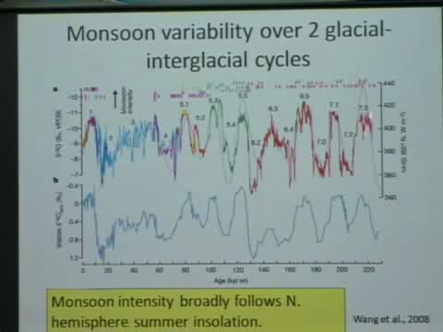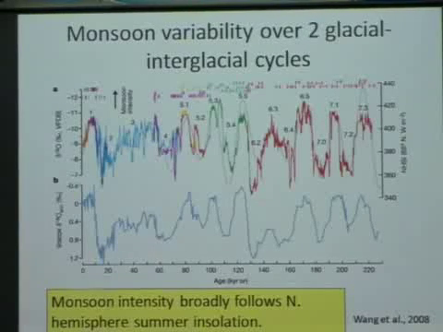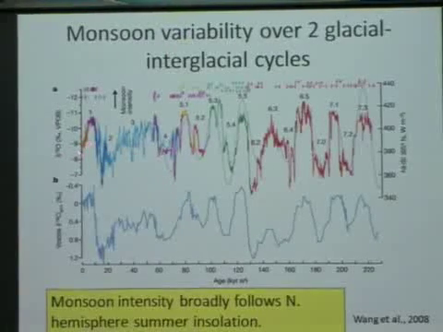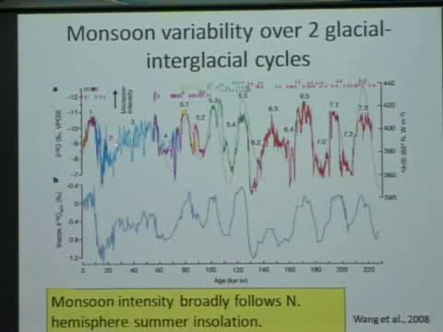Plotted in light gray, if you can see that back there, is a northern hemisphere summer insolation for 65 degrees north. And what is very clear from seeing this is an amazing correlation between the delta 18O, or the monsoon intensity, and summer insolation.